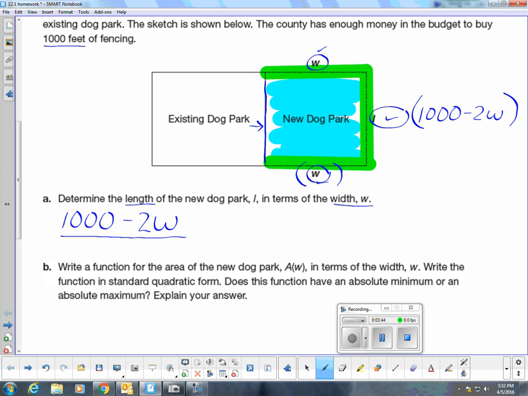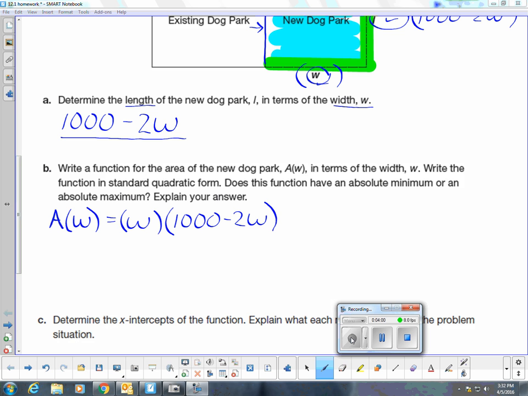So my area function, A of W, is going to be my width times my length. I need to write this in standard form, so I'm going to begin by distributing.